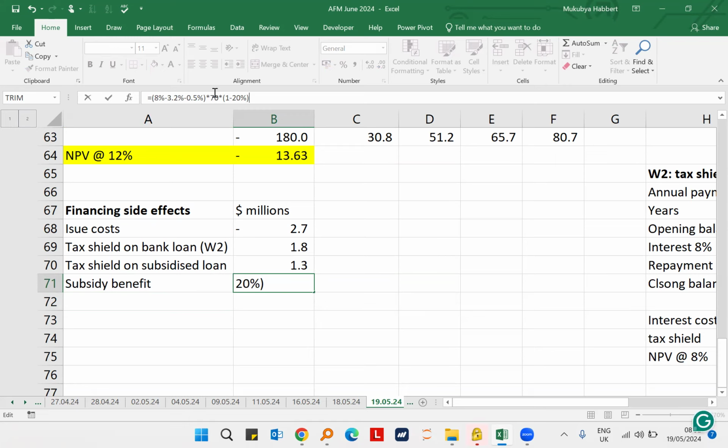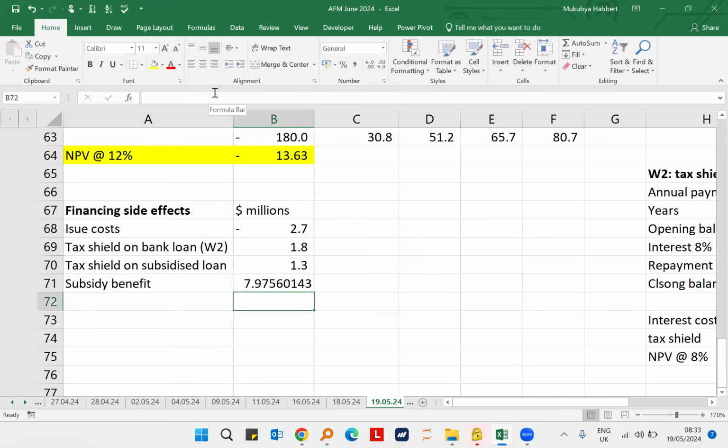But again, this is going to be for 4 years, so you get the annuity factor either from the tables or you calculate it. Okay, which gives us 7.97.